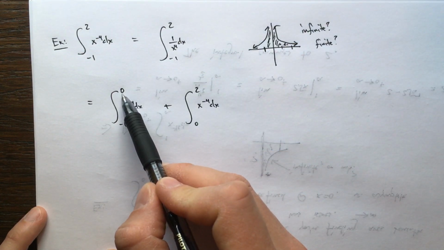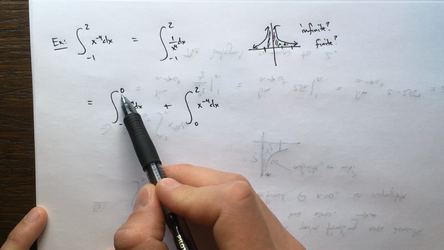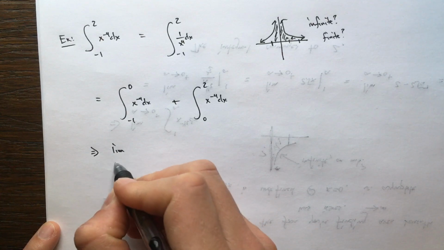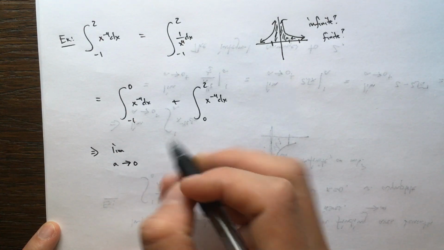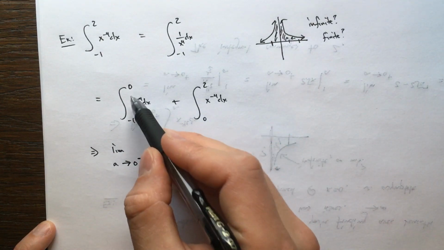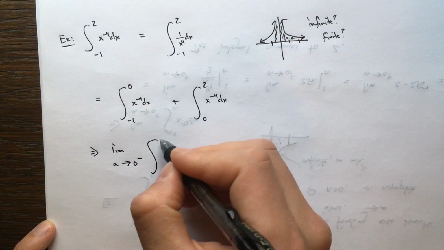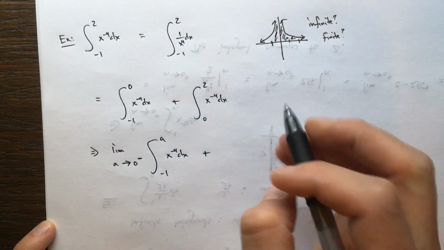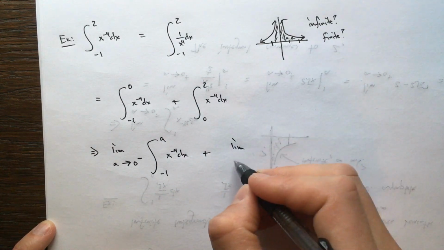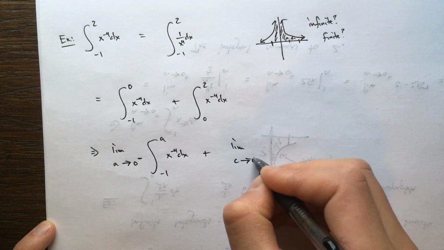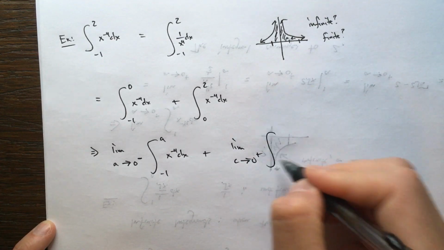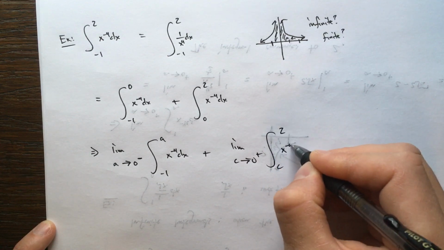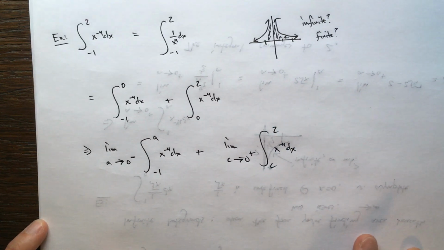Now I need to change my problem bound to a letter and take the limit. So this should give me the limit as a approaches 0 from the left this time of the integral from -1 to a of x to the -4th dx, plus the limit as, let's say, c approaches 0 from the right of the integral from c to 2 of x to the -4th dx.